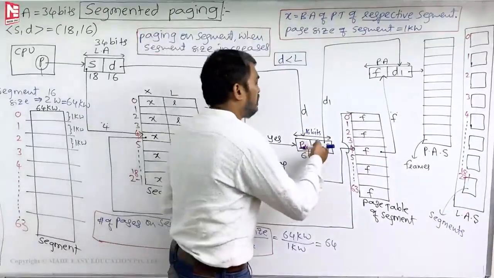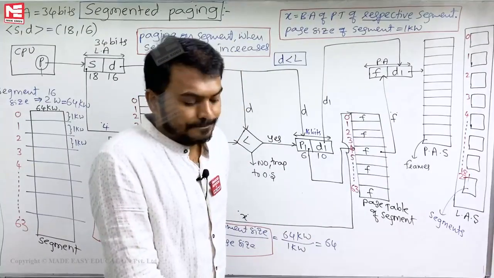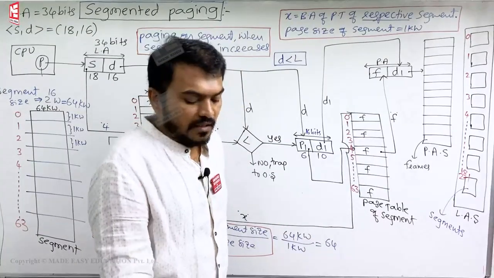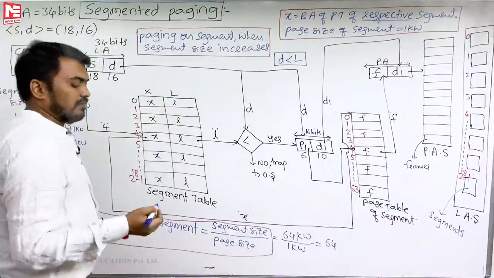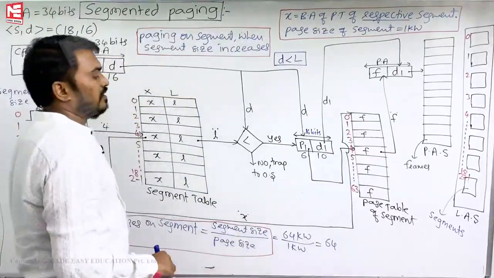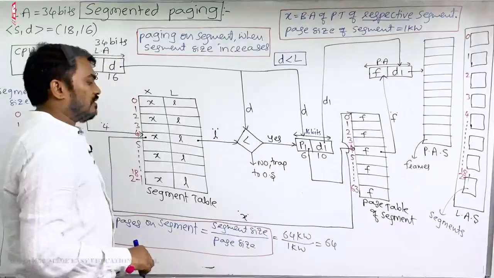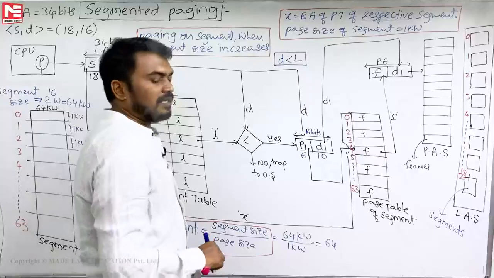Next is what? D1. Okay, note down. D1 equal to number of bits required to represent pages of segment.